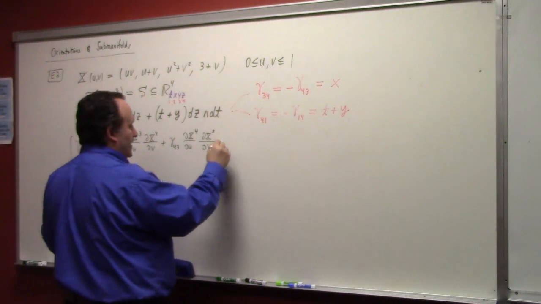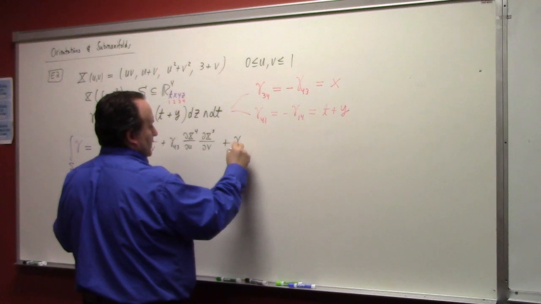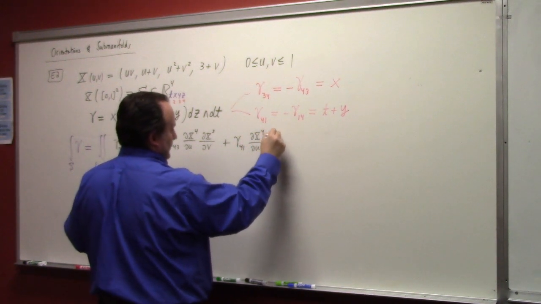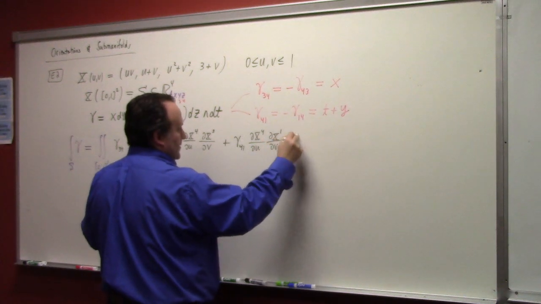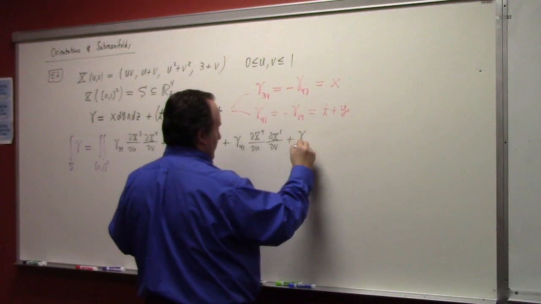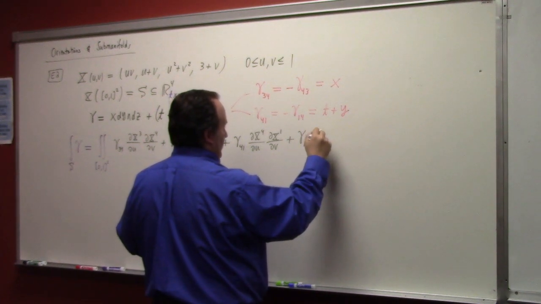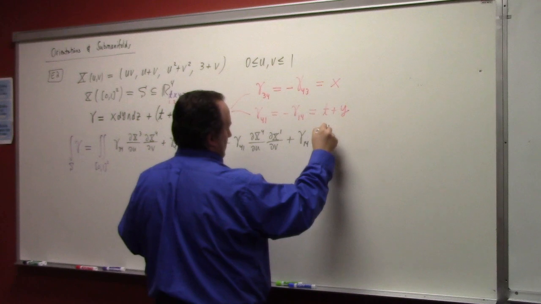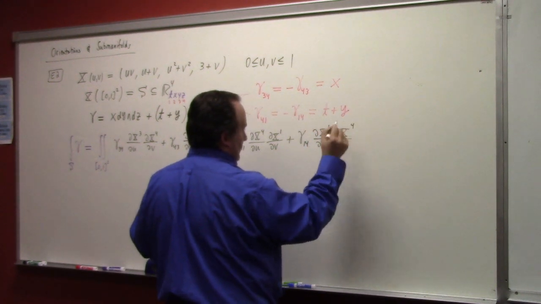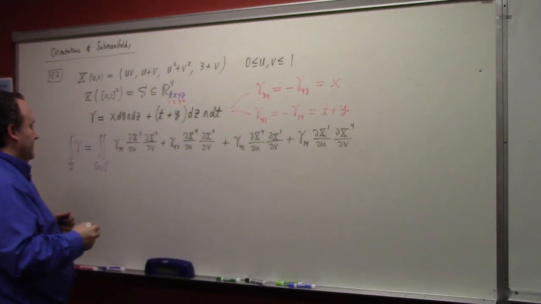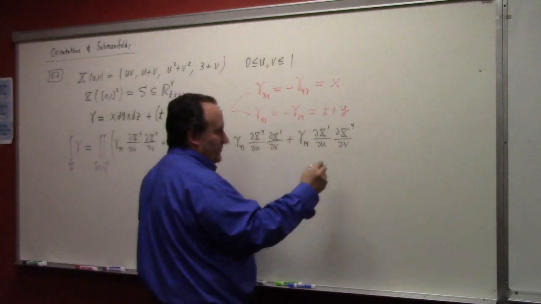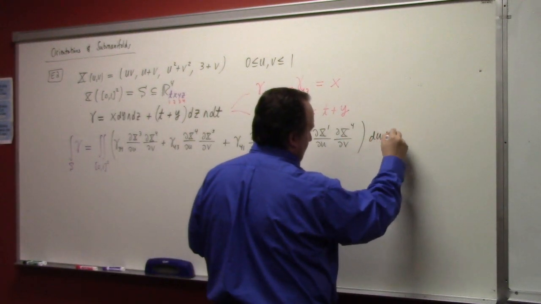And then plus gamma 4,1, partial x4 partial u, partial x1 partial v, plus gamma 1,4, partial x1 partial u, partial x4 partial v. And of course that's all integrated over du dv.